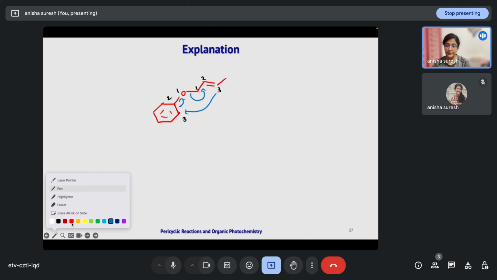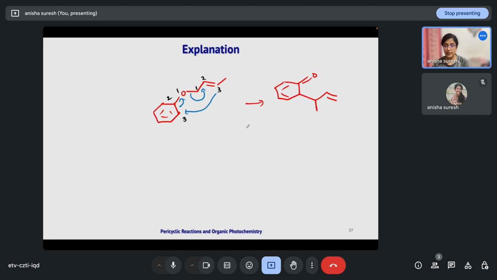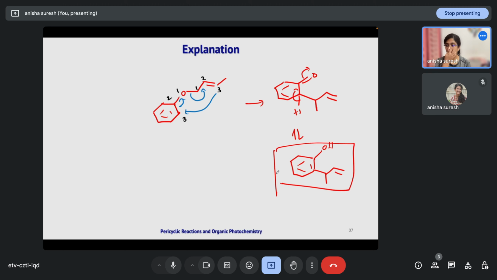And the final product that will be forming is double bond O, methyl, and a vinyl group. Okay, then it will undergo tautomerization, resulting in the formation of phenol, and this will be the final product. Clear?